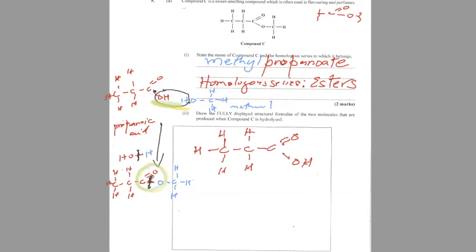That's the acid, and we would also have CH3OH. So that's the fully displayed structural formulae of the two molecules that are produced when C is hydrolyzed.